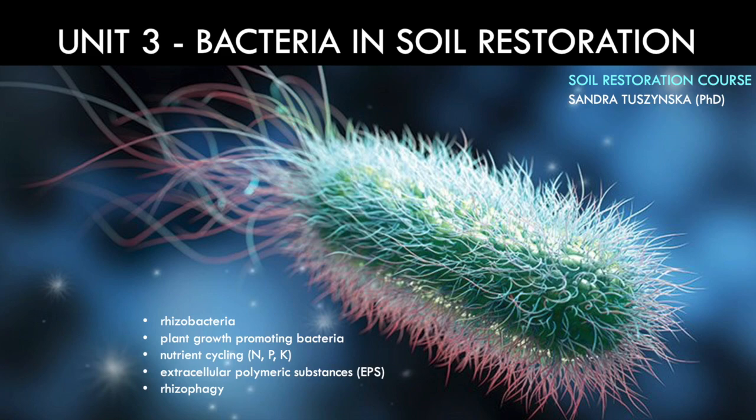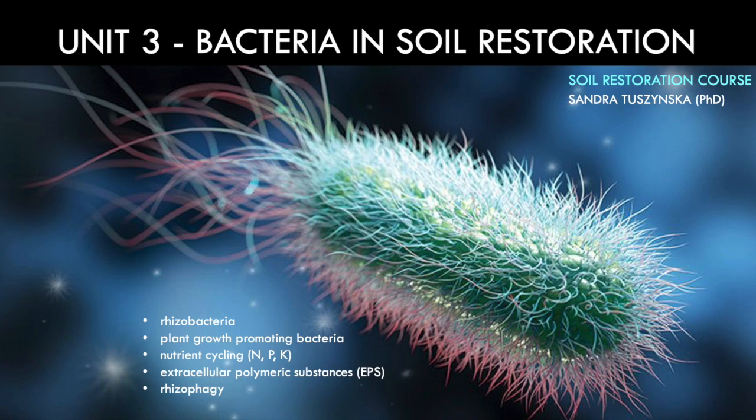In our next lesson, we'll talk about bacteria in soil restoration, and this is an exciting topic. There's a lot of great stuff to be learned about the little guys that get nutrients from the rocks and then deliver those to the plants. Specifically, we'll talk about the bacteria that live on the root in the rhizosphere in conjunction with the plant in order to help the plant grow.